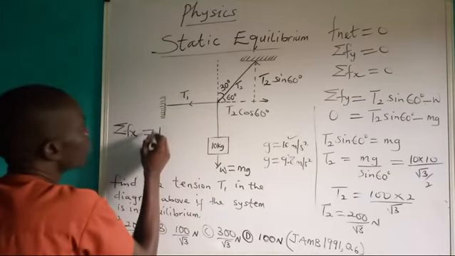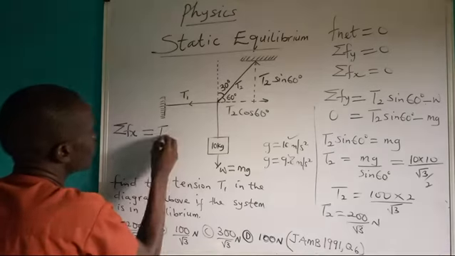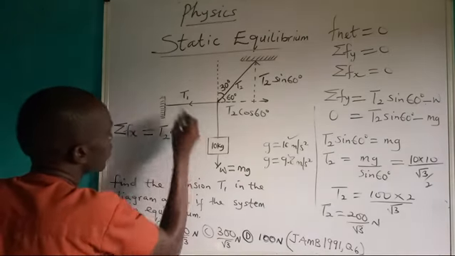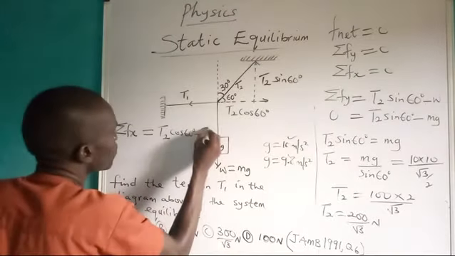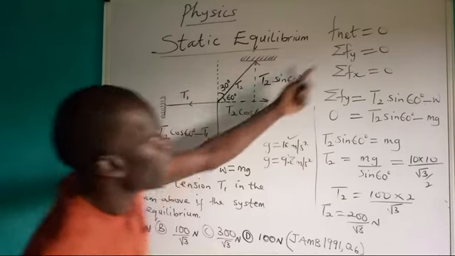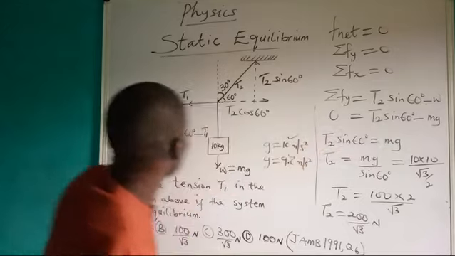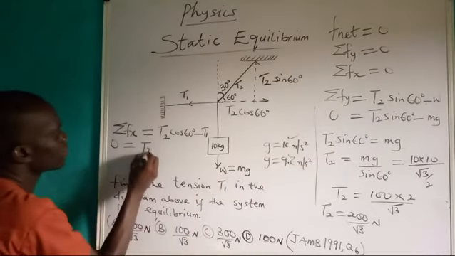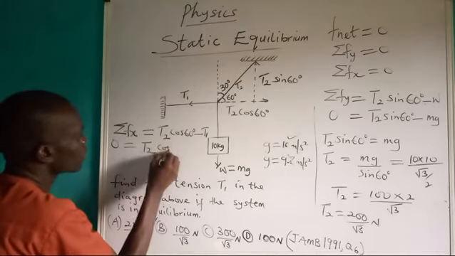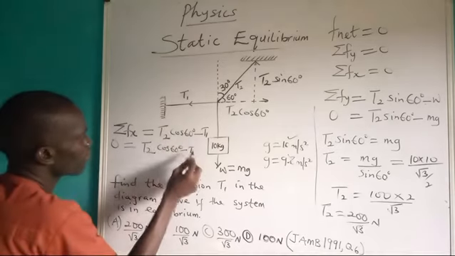Therefore, we have T2, which is positive, cos 60 degree, minus T1, because this one is negative. Now, here will be 0. Remember, under translational equilibrium, the sum of the forces in the x direction must be 0. Please don't forget that.